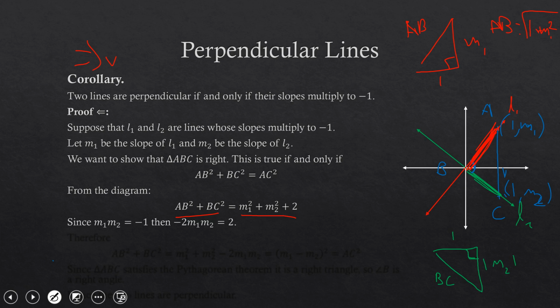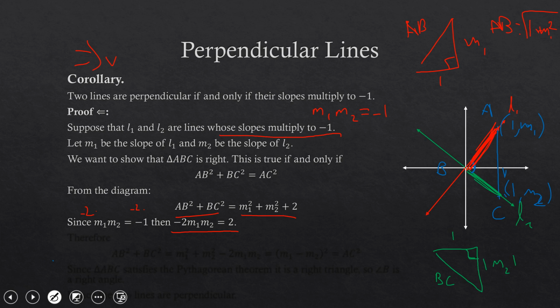All right, so since M1 M2 equals -1, right? We know that their slopes multiply to -1. So M1 M2 is equal to -1 when we multiply them together. Then if I multiply both of these sides by -2, that's going to give me -2 M1 M2 is equal to 2.